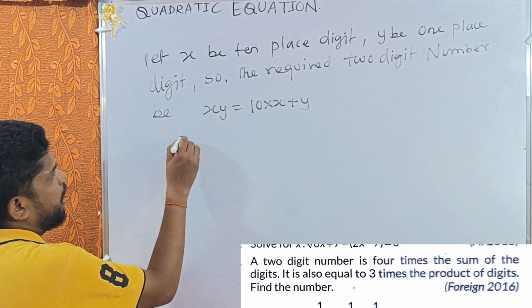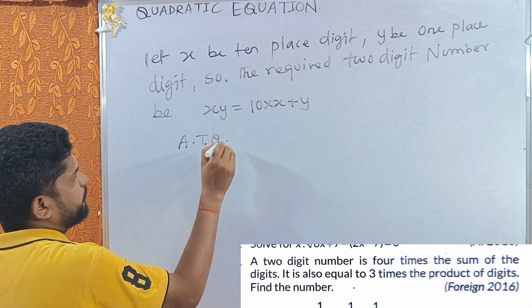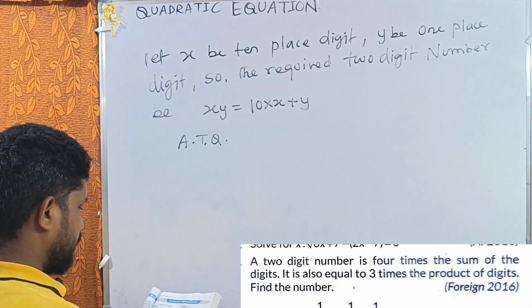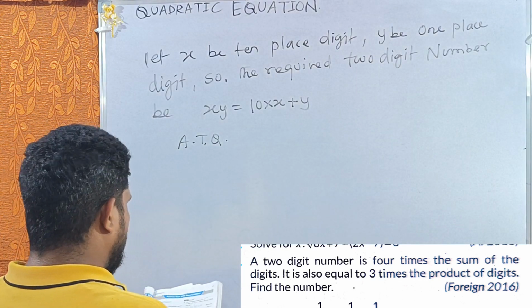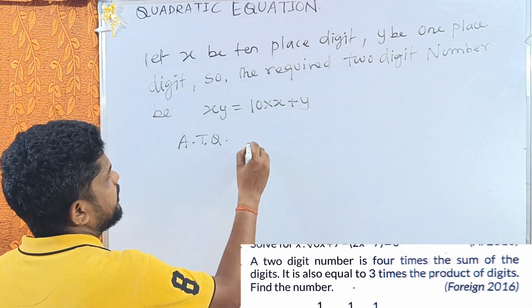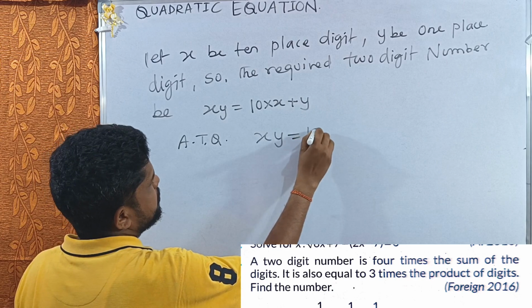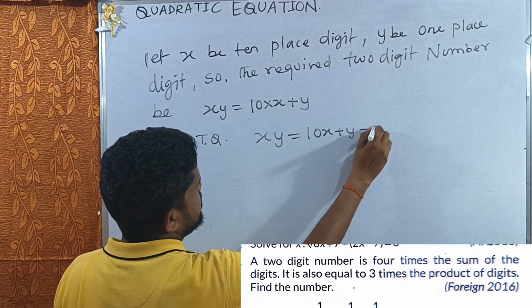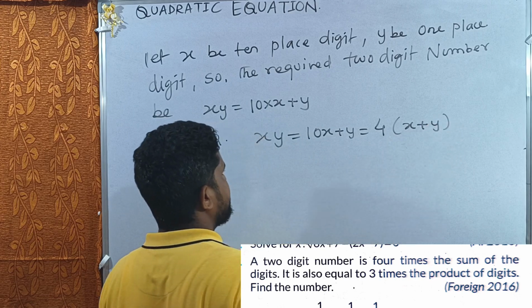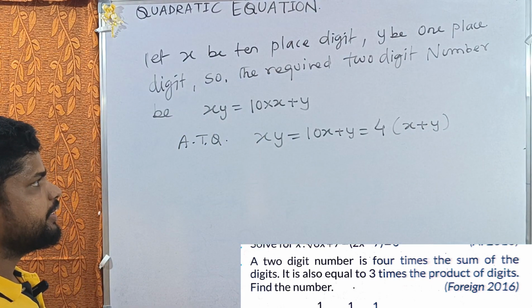Now see, according to the question, a 2-digit number is 4 times the sum of the digits, that is x plus y. So 10x plus y is 4 times the sum of the digits, x plus y. This is the first condition.